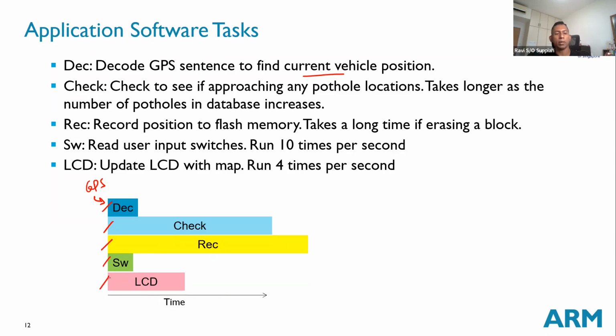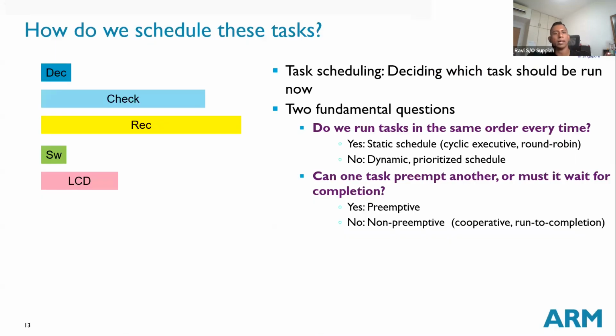At the same time, you may also have an LCD or some display to tell the user what is happening. Again, this is just an idea only. If you were to design this, you may have more tasks or fewer tasks, but this gives us a rough idea of the various activities you need to carry out if you were to design such a system.